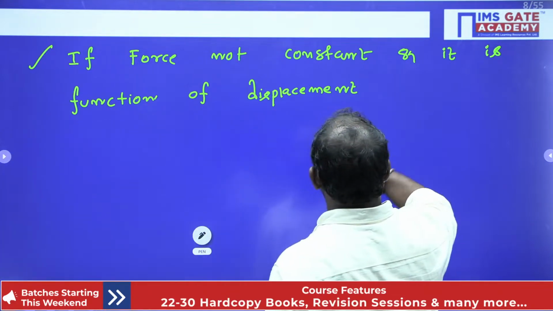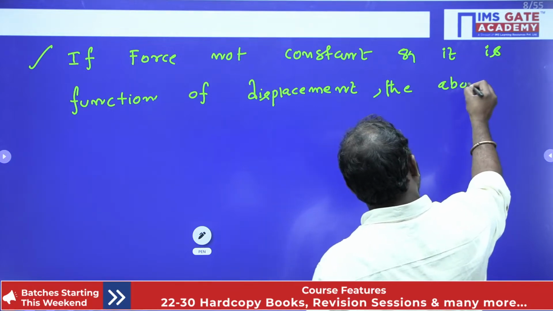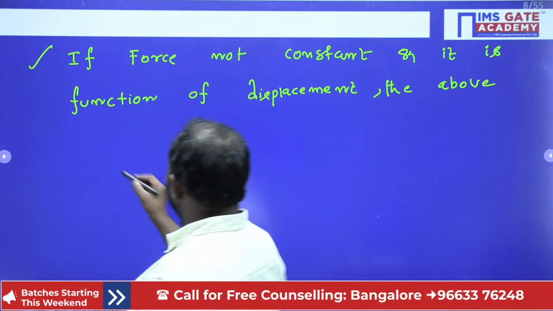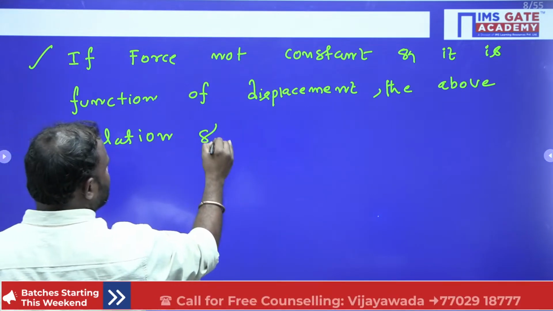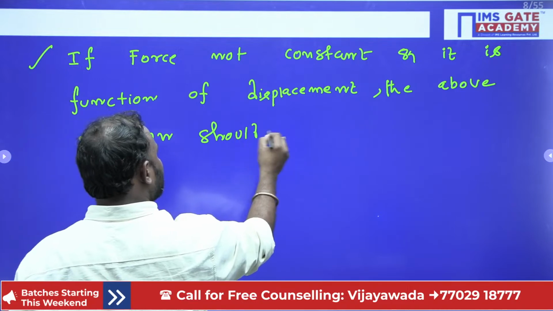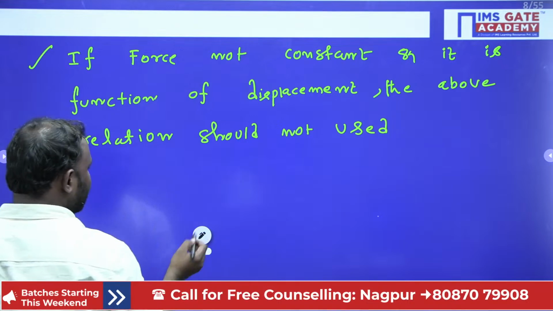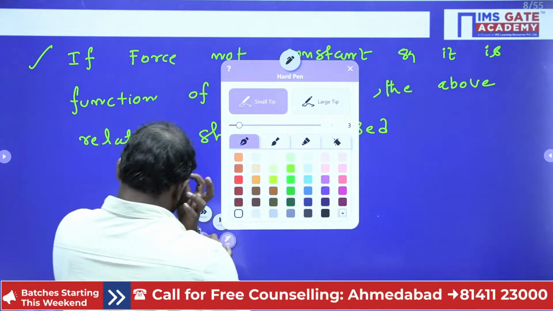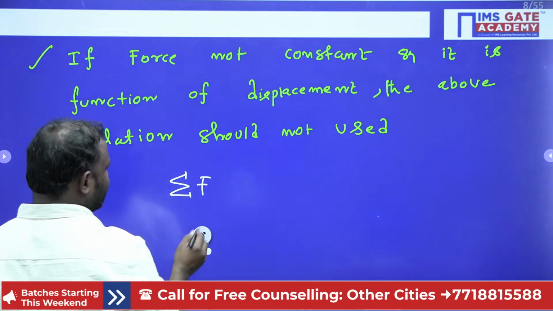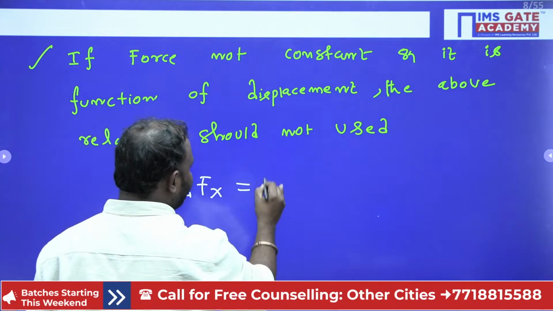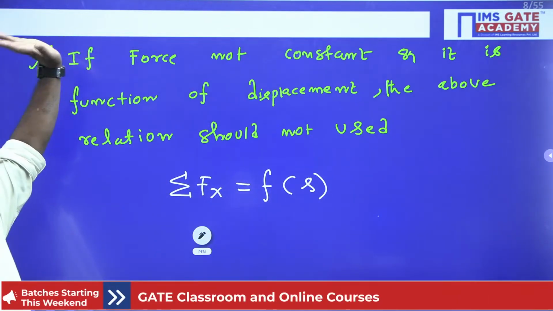The above relation should not be used whenever sigma Fx is a function of s, that means a function of displacement.